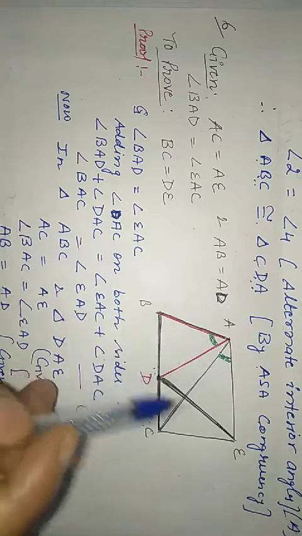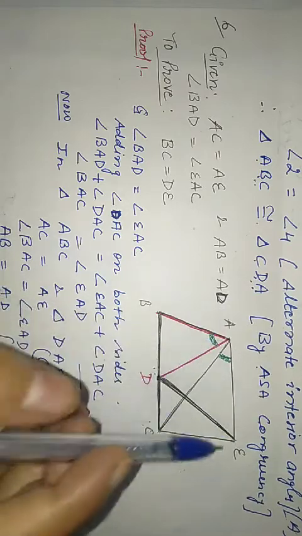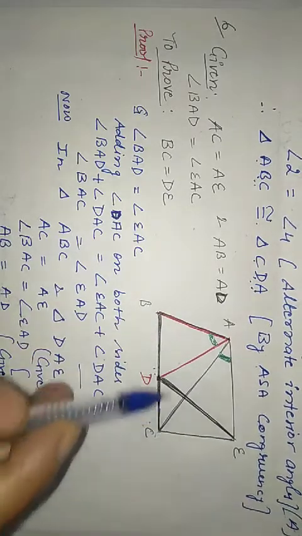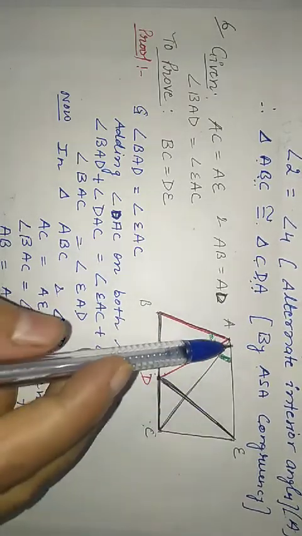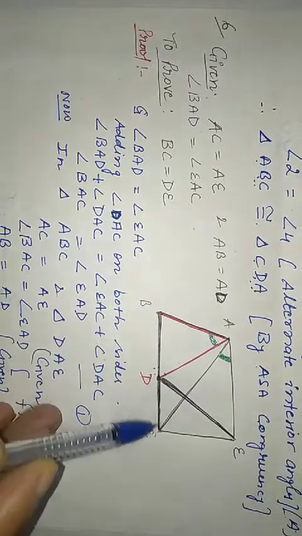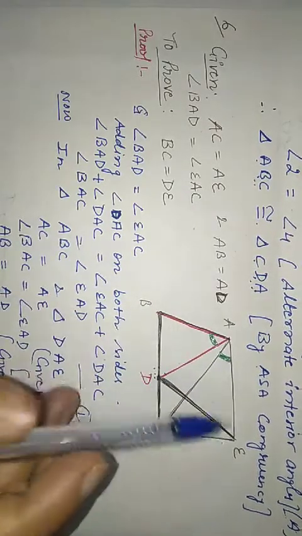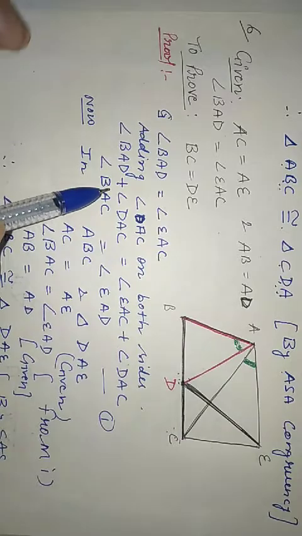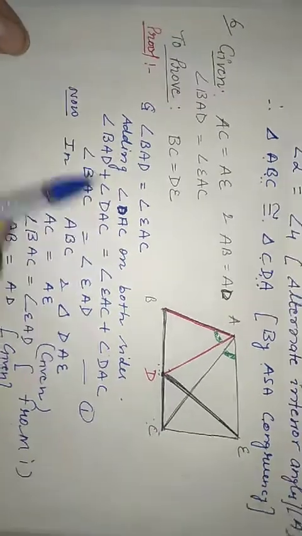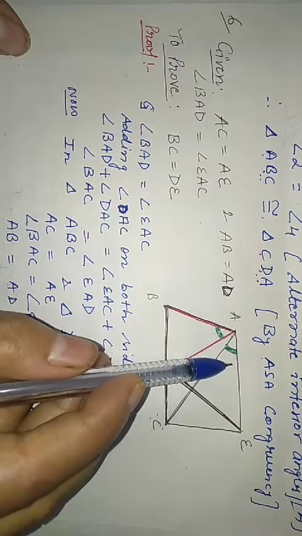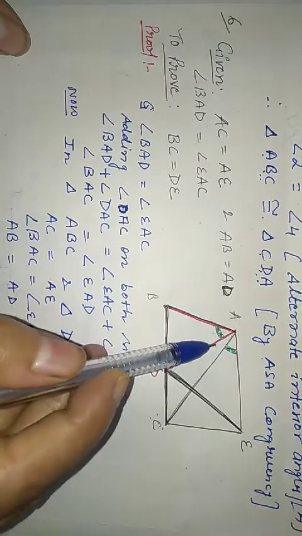So we will choose those triangles having these two sides, BC and DE. So we will choose triangle ABC and triangle ADE. These two triangles we will take. But before that, see here, this angle BAD is equal to angle EAC. Now this part is common.